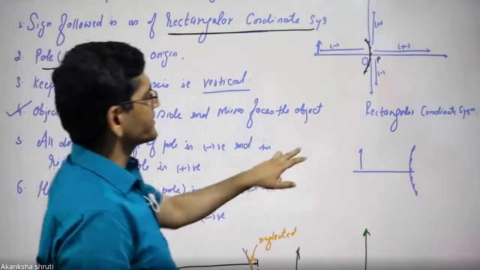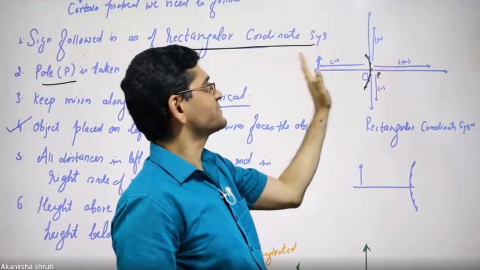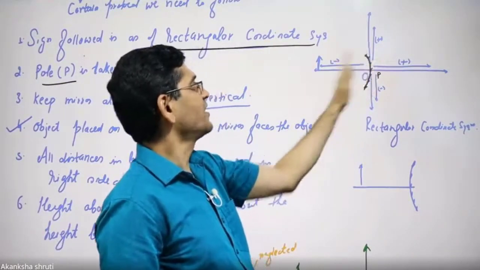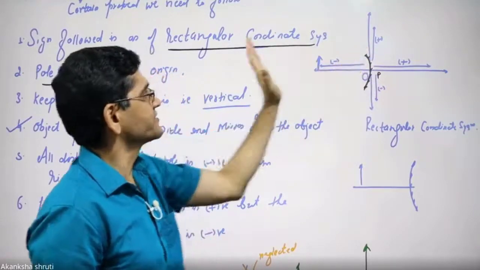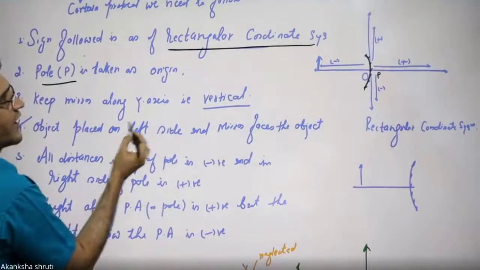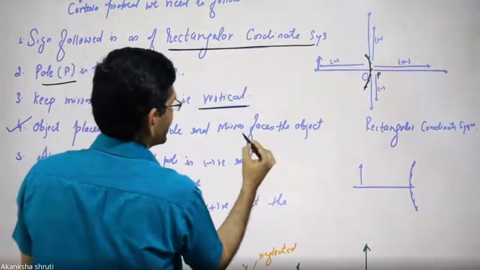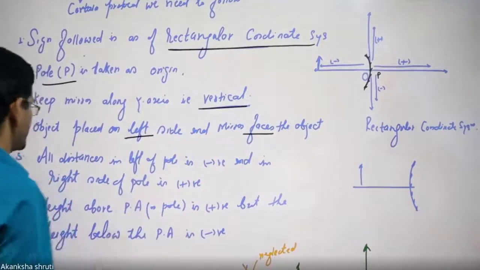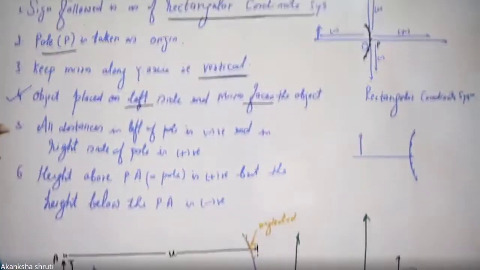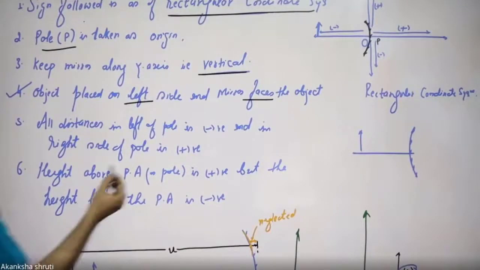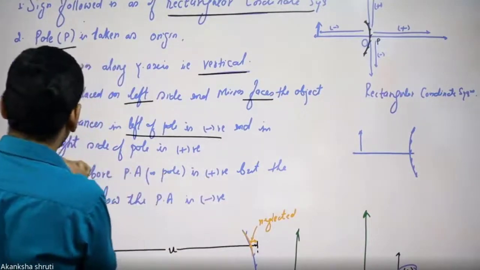The object is on the left hand side, and the mirror's reflecting surface must face the left hand side, so the mirror has to be placed vertically facing left. Then applying this rectangular coordinate system, points 5 and 6 can be written very easily. The distance on the left is negative and the distance on the right is positive.